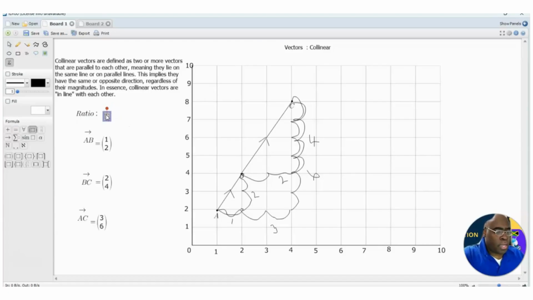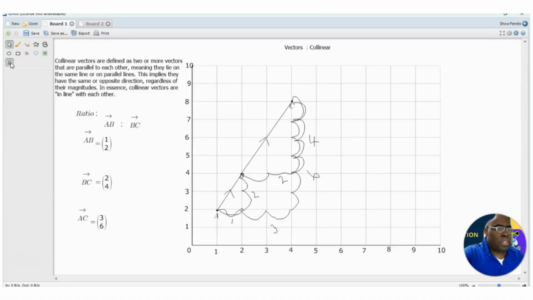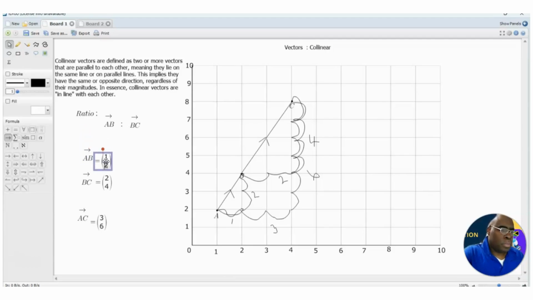So the ratio of vector AB to vector BC is, if you notice, the ratio would be 1 to 2.